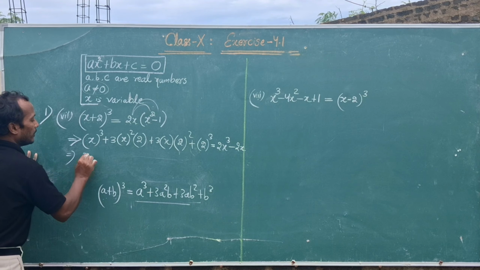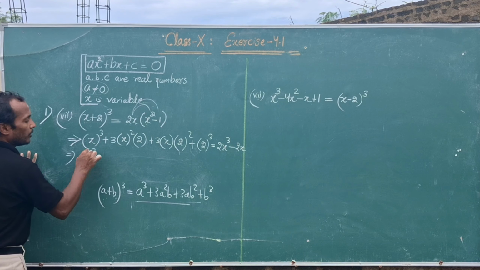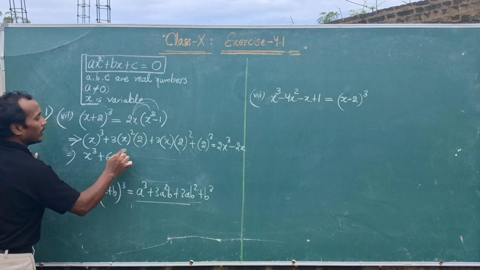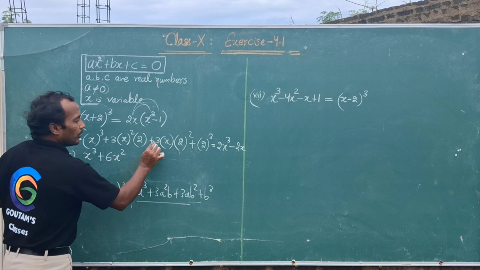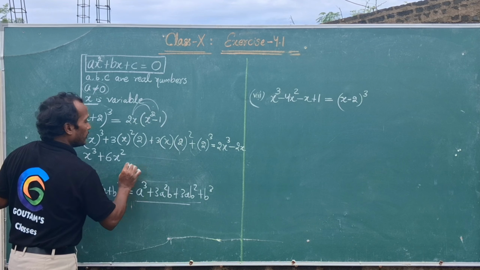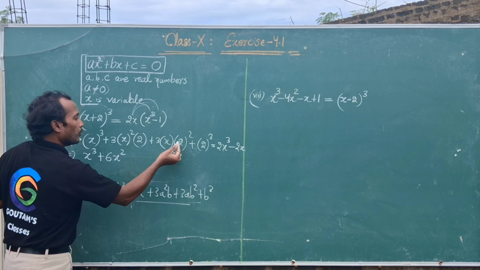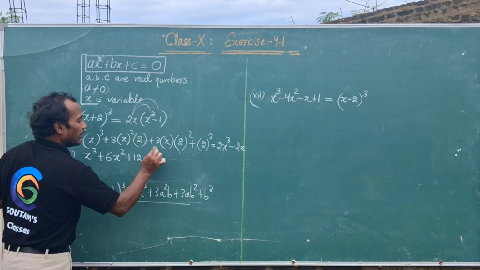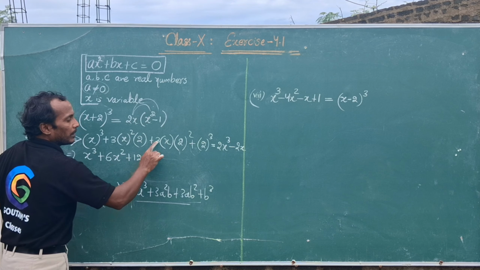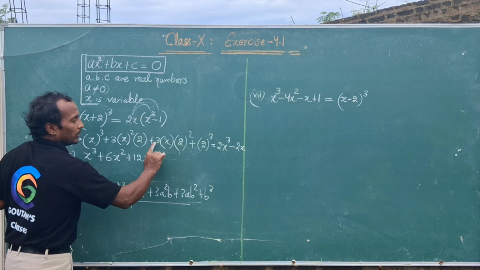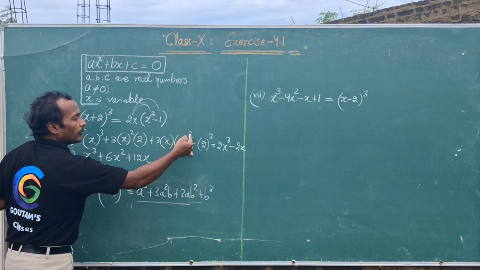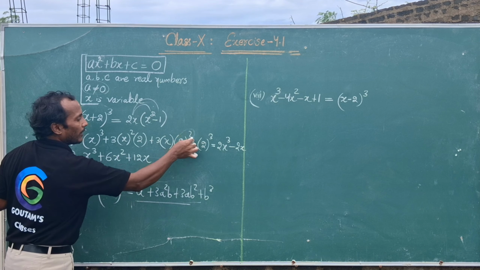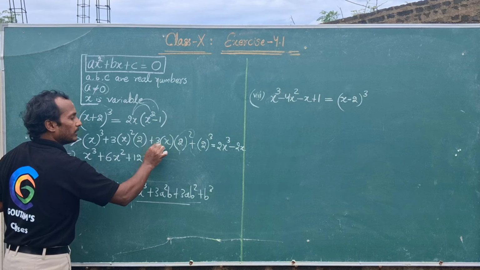Now let me simplify it a little more. Cube of x is x cube. 3 into 2 gives you 6, and x square. Now plus 3 into 2 square gives you 12. 2 square is 4, and 4 gets multiplied with 3, so you get 12, and x. Sometimes students multiply 3 with 2 first, 3 into 2 gives you 6, and the square of 6 is 36. That is wrong. You have to first calculate the square of 2, then multiply with 3.